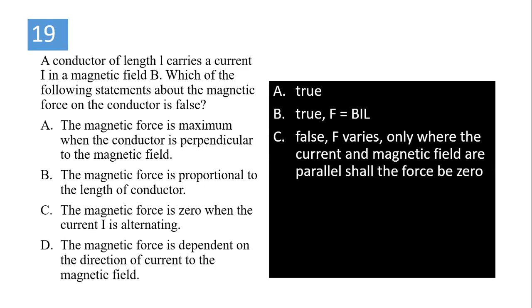Magnetic force is proportional to length, correct? Just a formula. Magnetic force is 0 when the current is alternating, no? It still has a value because the current is still changing as long as it's not parallel. Magnetic force is dependent on the direction of current to the magnetic field, true? So the answer is C, the false one.